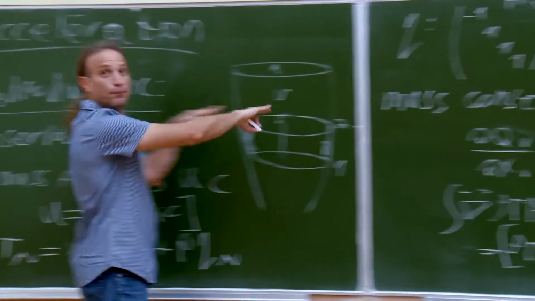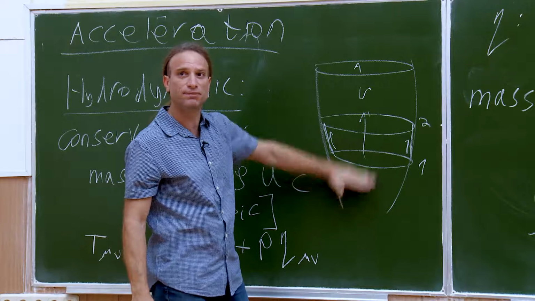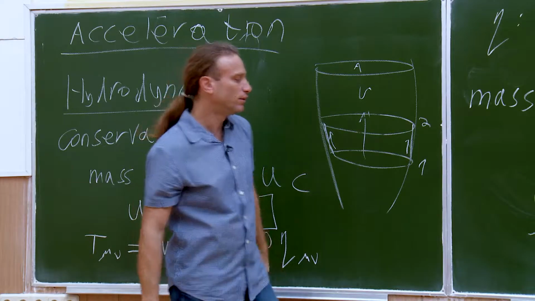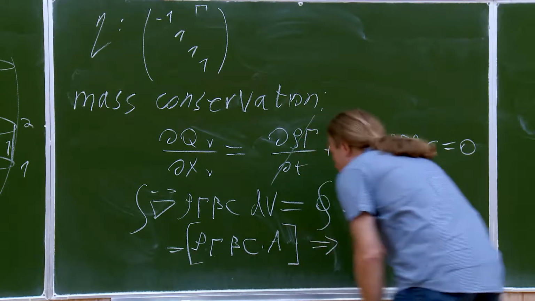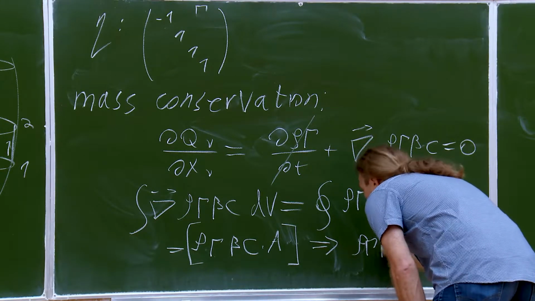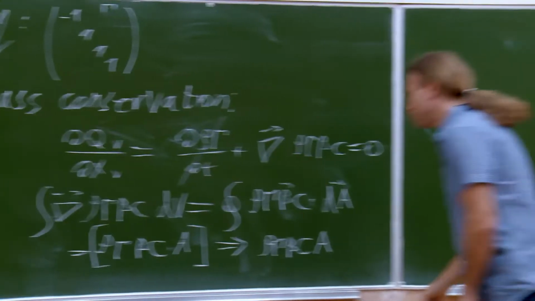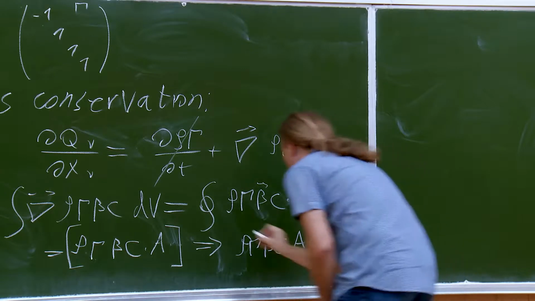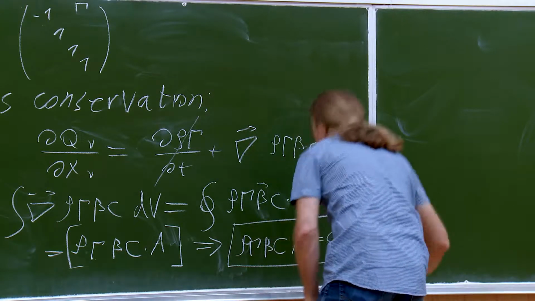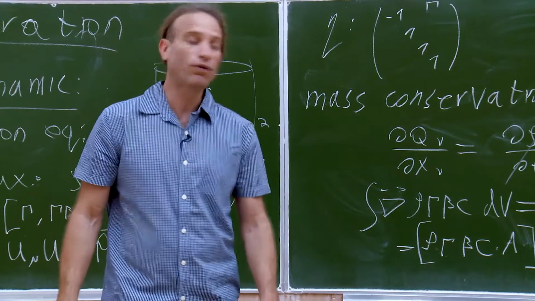Everything is uniform. It's only a function of z. All quantities are only a function of z. So this means that the quantity ργβcA is conserved, is constant. So this is for mass.